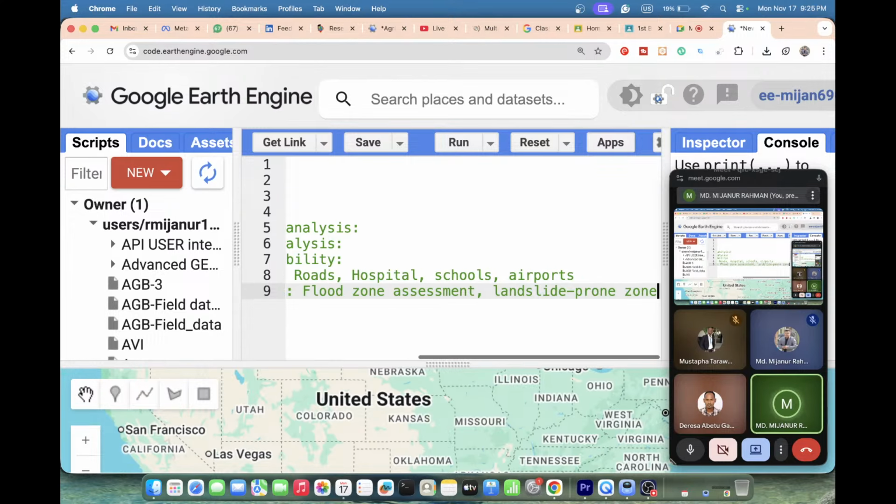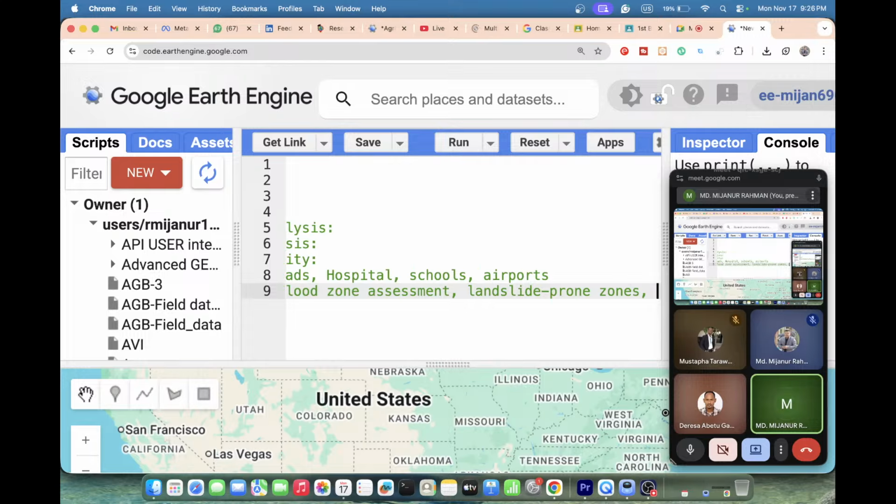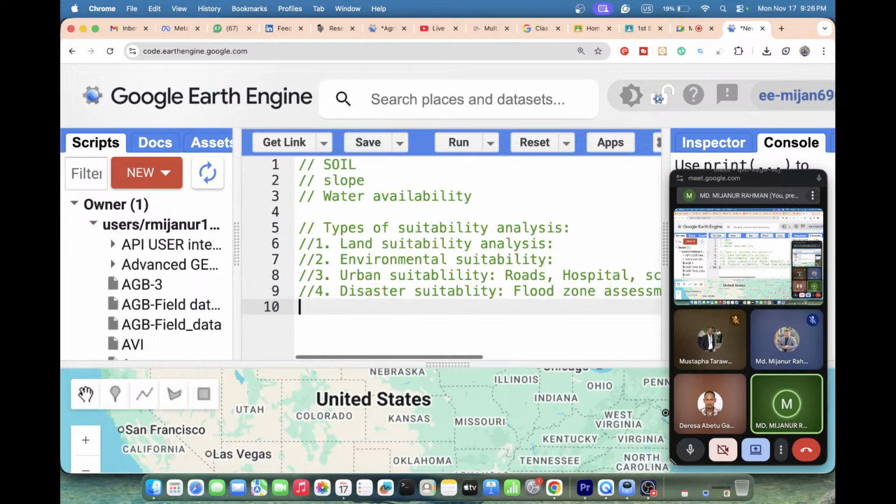We can also identify landslide prone zones, and drought risk assessment, which places have more drought, in disaster suitability. And finally another type, called resource suitability.